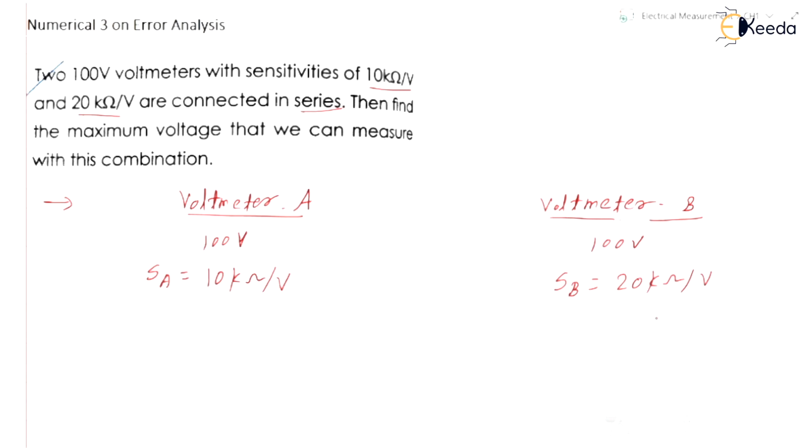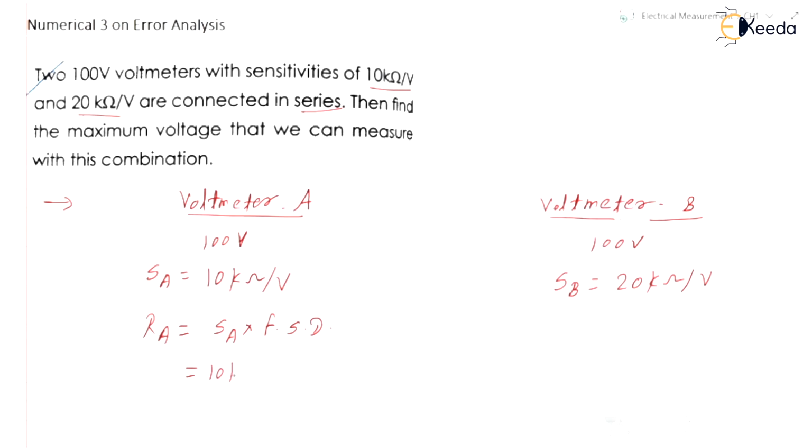Now, given the full scale deflection and sensitivity, can we find the resistance of this voltmeter? Yes, we can find. Also we can find the resistance of the second voltmeter as well. So voltmeter A resistance is equal to SA into full scale deflection. What is SA?